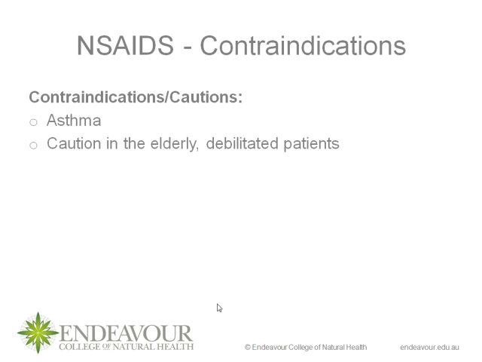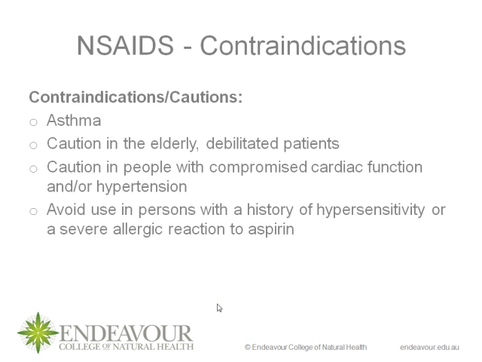So asthma, contraindicated. Caution in elderly patients, in debilitated patients, because they will have concomitant heart and kidney diseases, perhaps liver diseases. Caution in people with a compromised cardiac function or hypertension, even if they're not elderly.